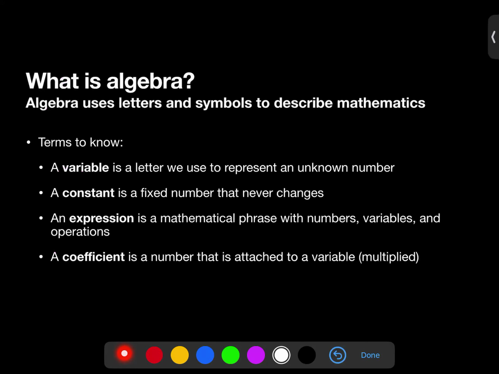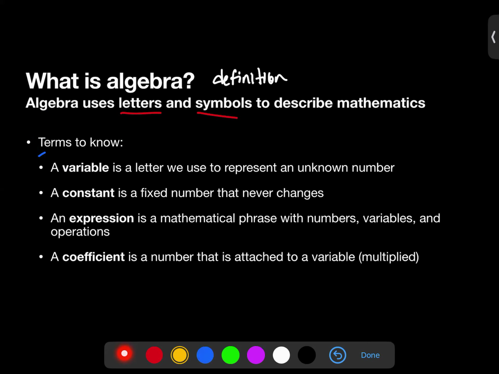So let's begin with the definition of algebra. Algebra is a branch of mathematics that uses letters and symbols to describe numbers. Here are some common terms that you want to memorize and understand before we begin.